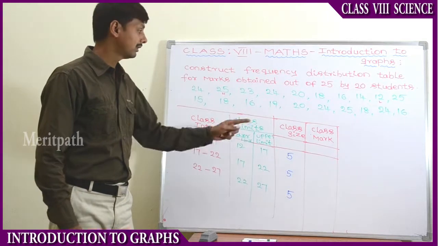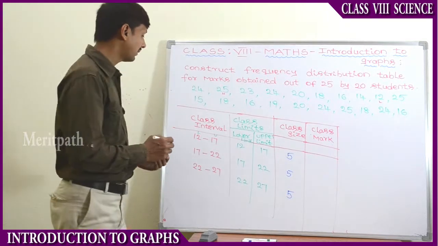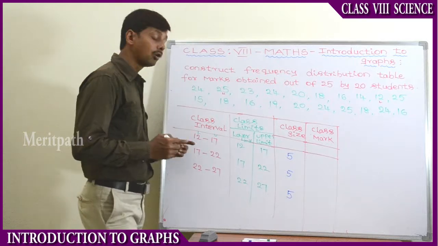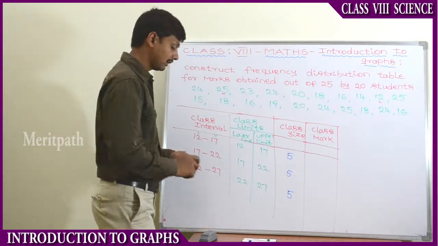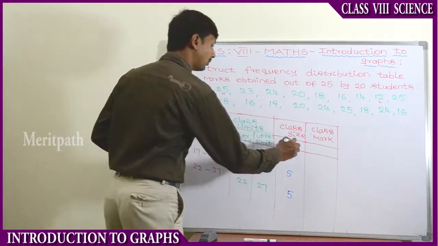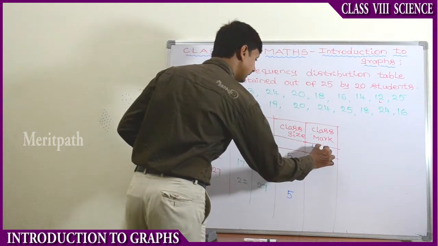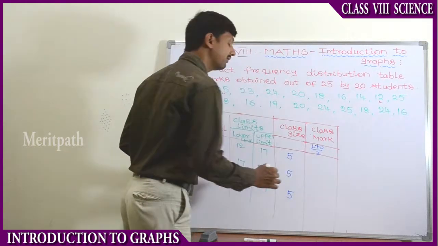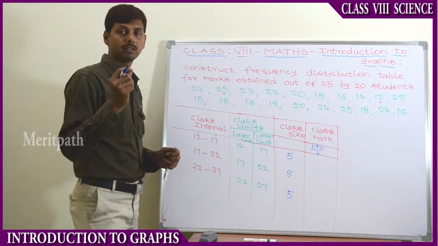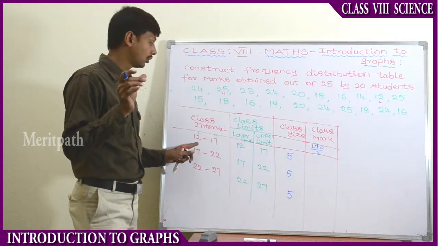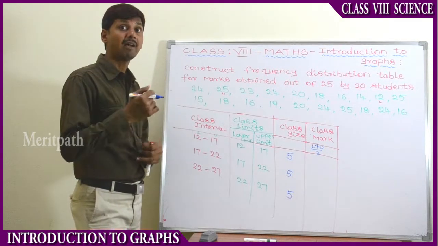The class mark is nothing but we take the average of the lower boundary and upper boundary. Let's take the lower boundary plus upper boundary divided by 2, because we have taken 2 observations, so we find the average of it.